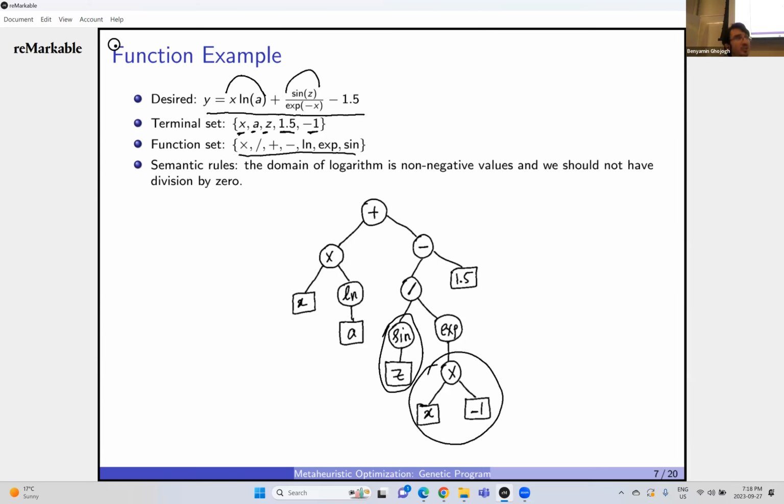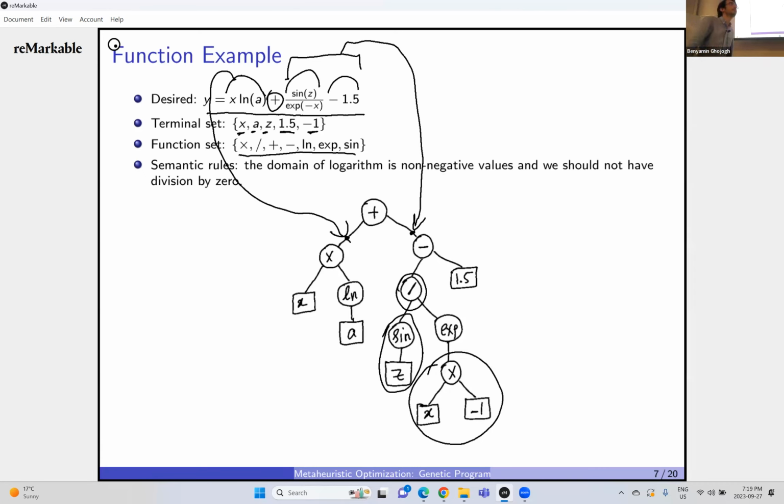Then I feed it to the exponential operator. Then between them, I have division. Then I have minus 1.5. So I'm here now. What is this here? You tell me. It's this expression, right? What is this point here? Here I have plus between them. Agreed? Okay.